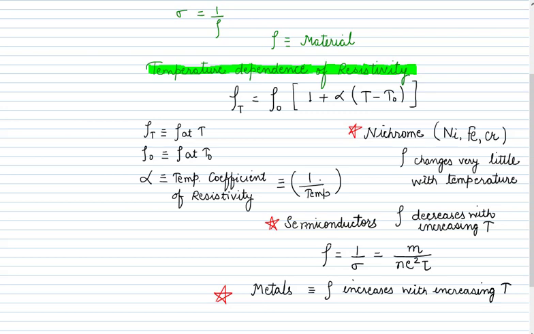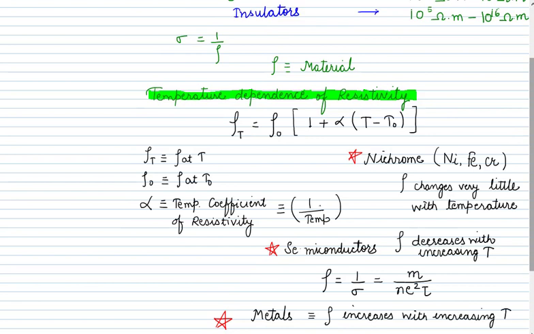So that is all about the temperature dependence of resistivity, why we prefer nichrome, and why semiconductors are not good conductors at room temperature. These are the three points that show the dependence of resistivity on temperature.